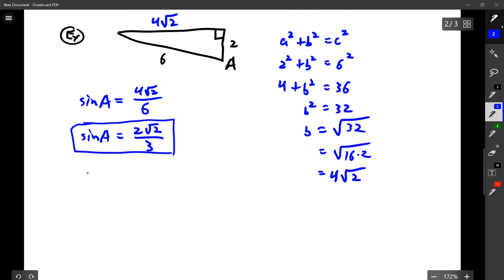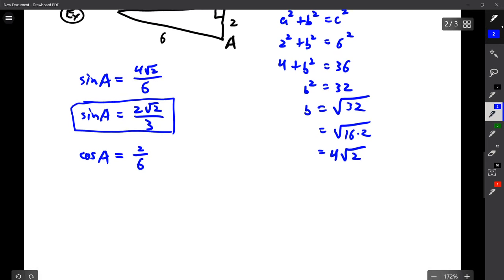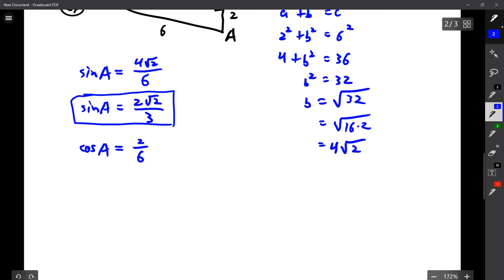Okay, cool. Cosine of angle A equals adjacent over hypotenuse, so that's 2 over 6, which also can simplify to 1/3. So the cosine of angle A is 1/3.